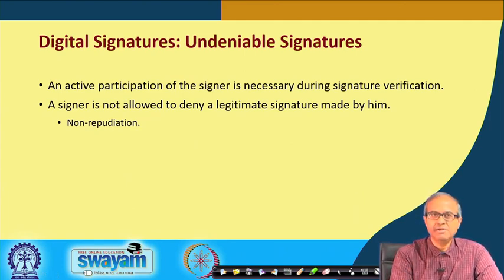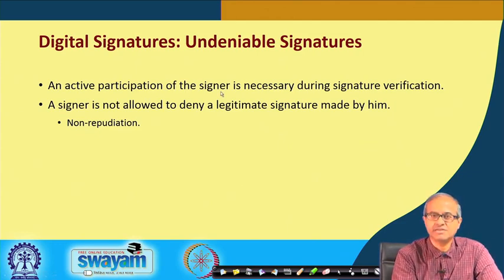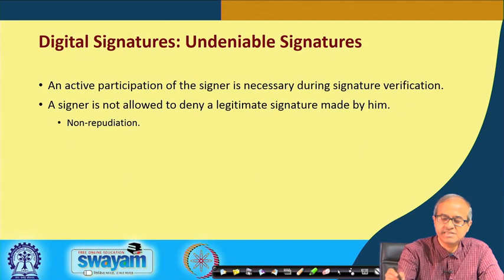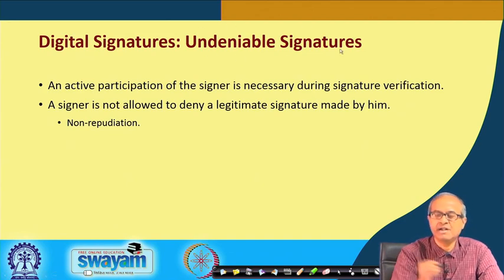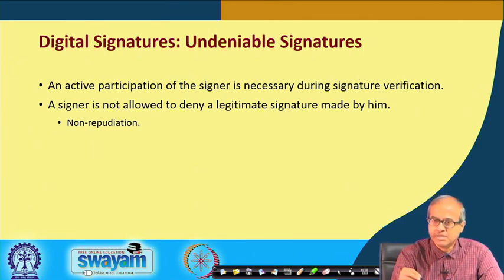Well, undeniable signature, this I have mentioned earlier also. Let me repeat. Here an active participation of the signer is necessary during signature verification. This is another scheme called undeniable signature. During the signature verification process, the person who has signed is also required to participate.